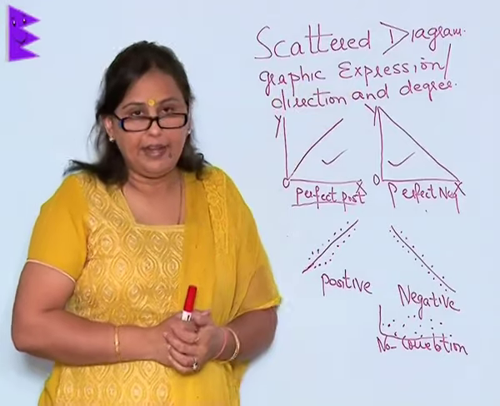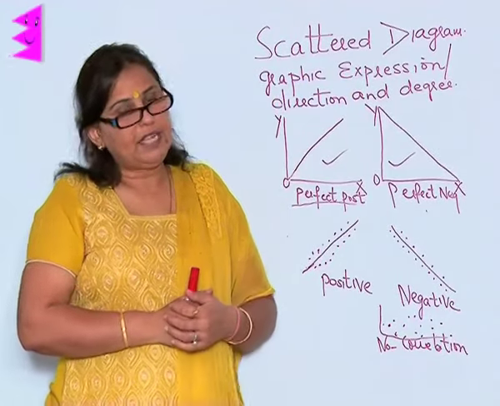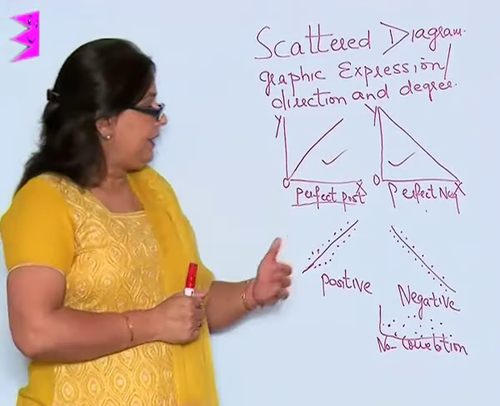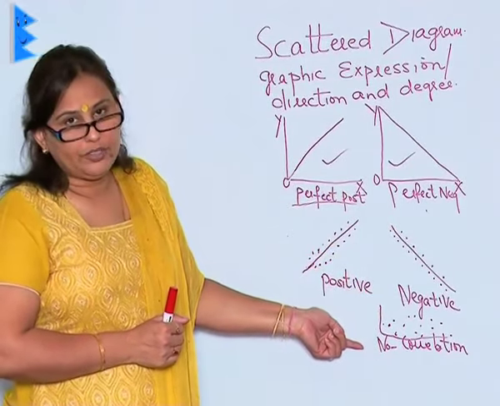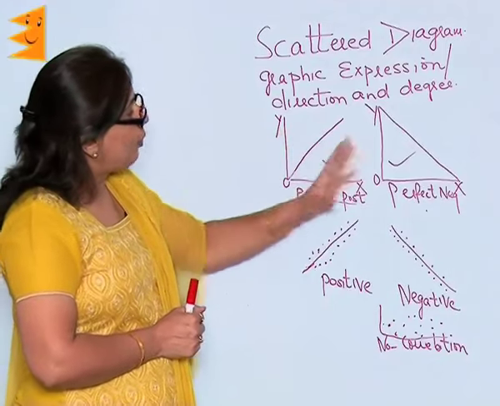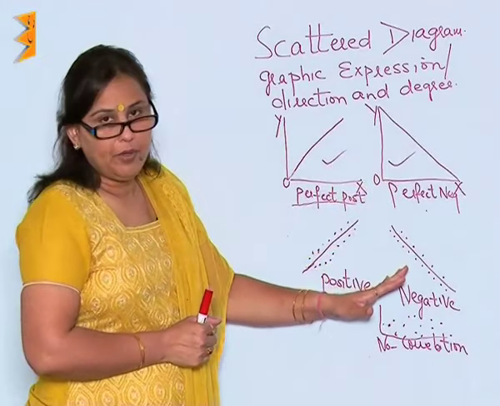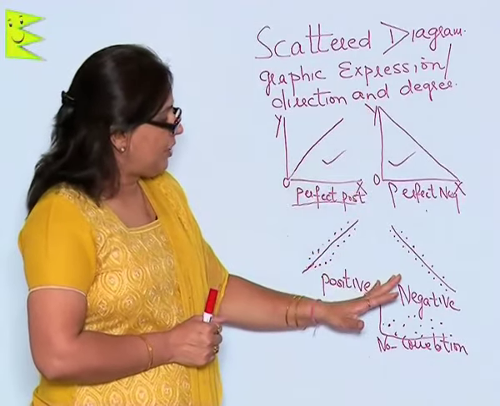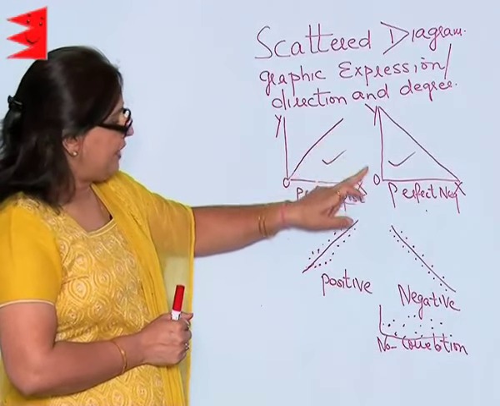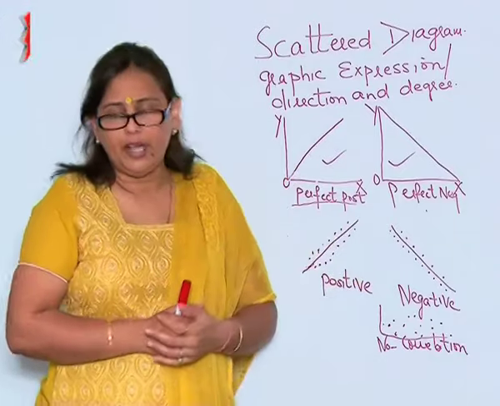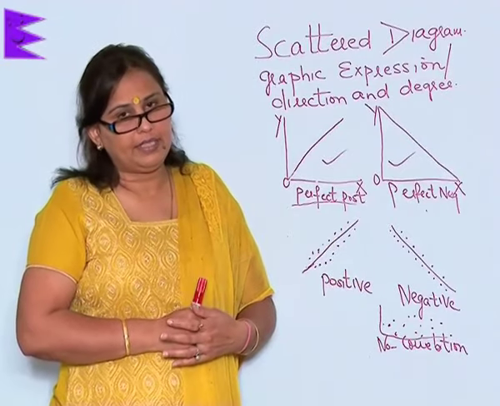This scattered diagram method has both positives and negatives. It is in fact the simplest method to study correlation, because by just looking at the diagram or the graphic expression, we can immediately know whether it is positive, negative, or no correlation, and what kind of relationship exists.